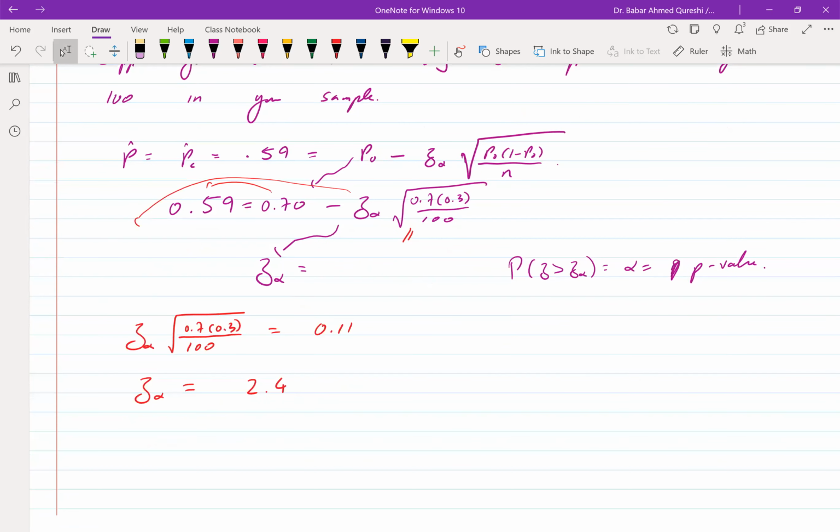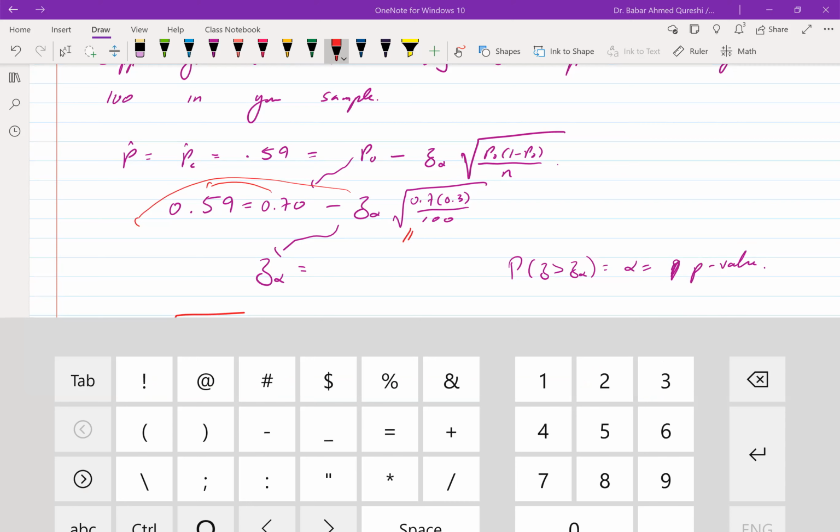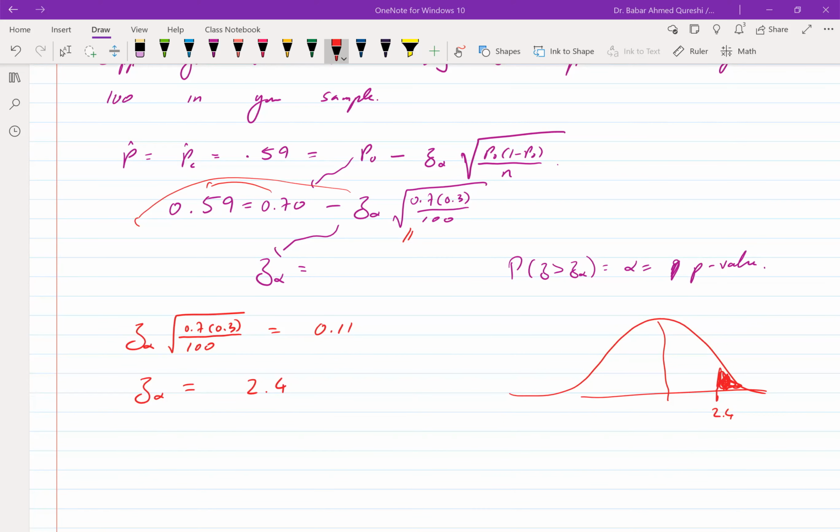So for this Z over here, 2.4, I want to compute this probability. And when I do that, I get 0.008.